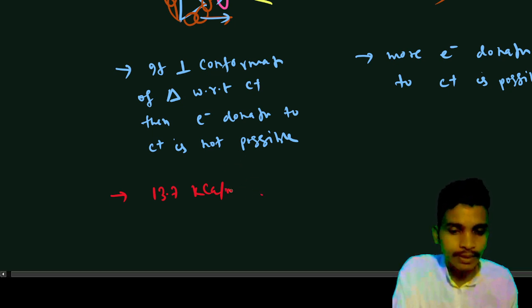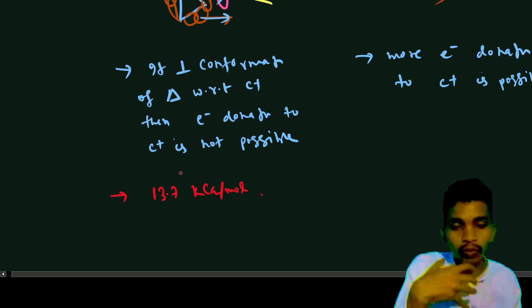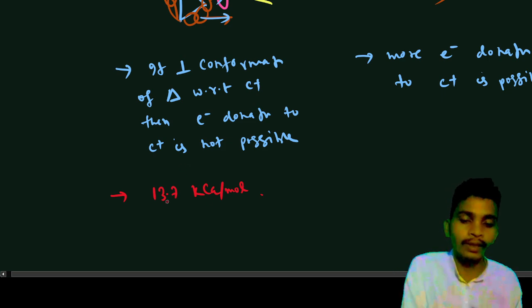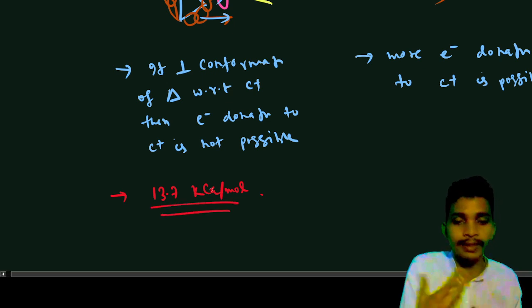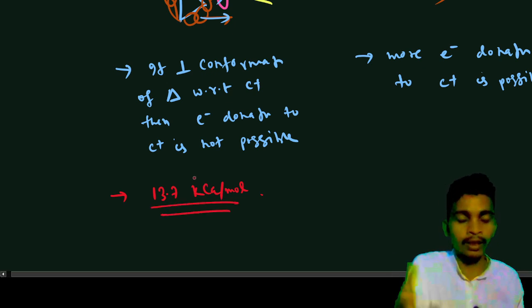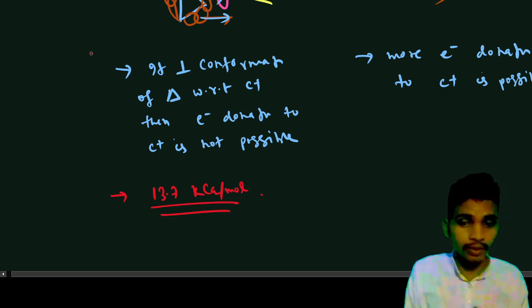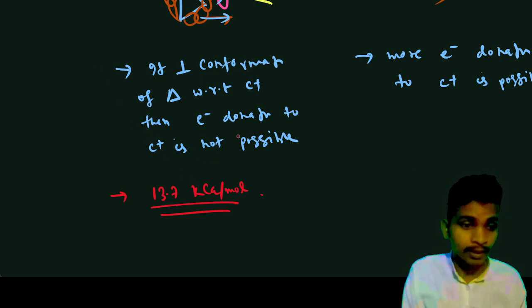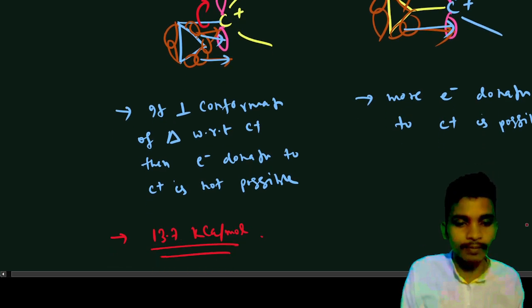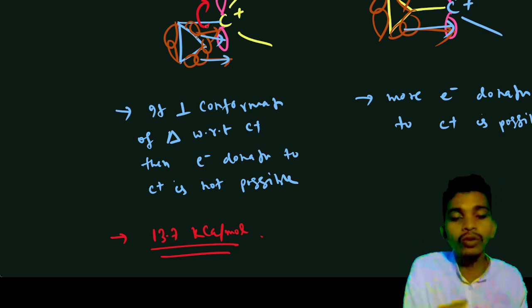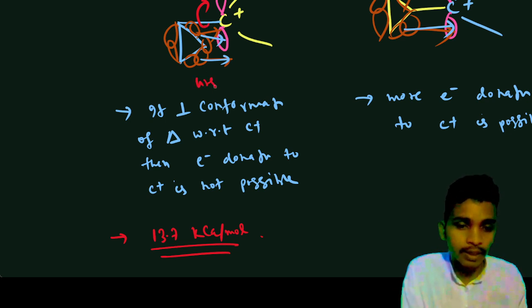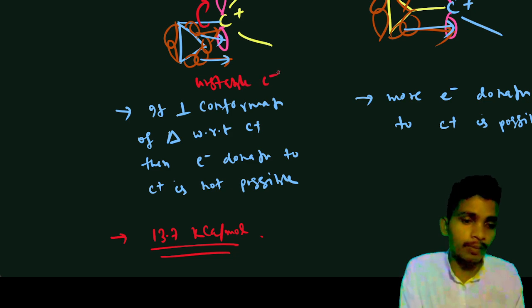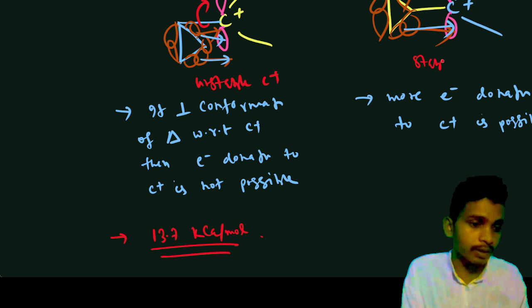This amount of energy it can't get, so it will not rotate to the bisected conformation. It will remain in the perpendicular conformation, and then a good amount of electron donation to the carbon is not possible. So this becomes an unstable carbocation, and here it will become the stable carbocation.